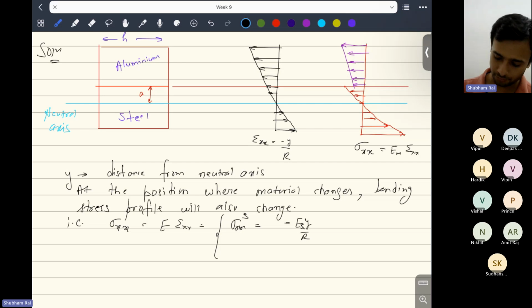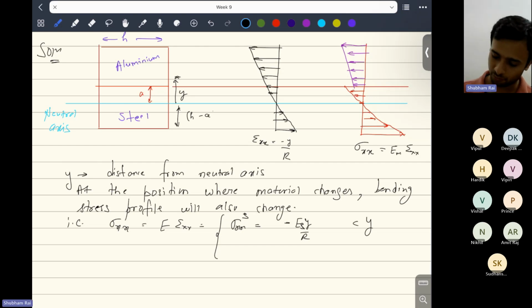And this will be valid for y going from, so steel ranges from, the y is now from neutral axis. So y is, let's say, any point here from the neutral axis. For the steel, y will go from minus h by 2. Since we are measuring from neutral axis, this distance I'm writing is h minus a, right?